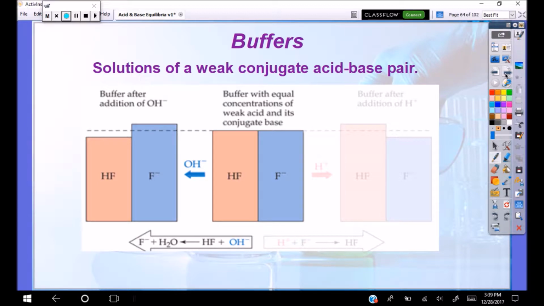So this leads us to a buffer. A buffer is essentially a solution of a weak conjugate acid. So here we've got HF and its conjugate base pair, which is F minus. HF is a weak acid.